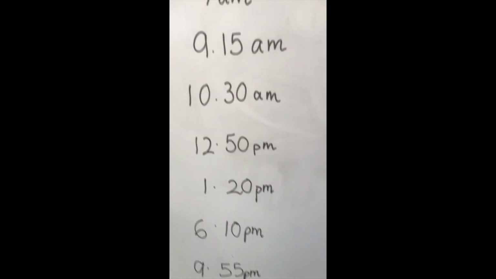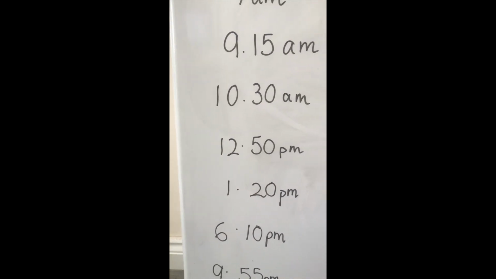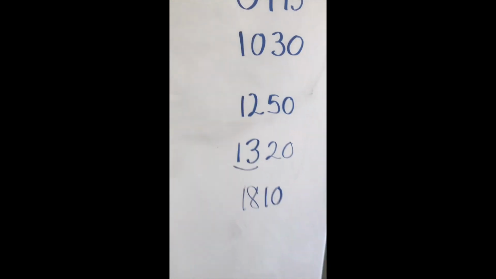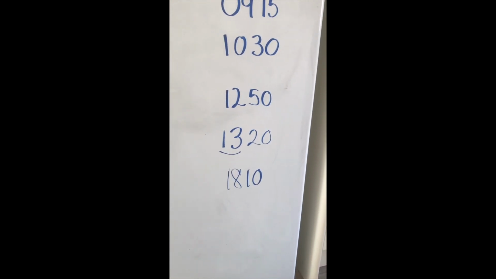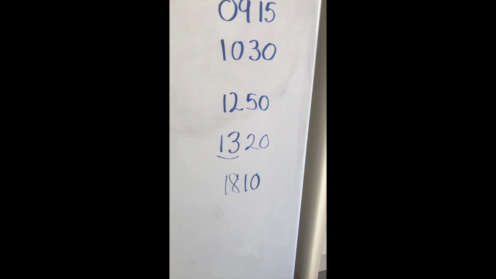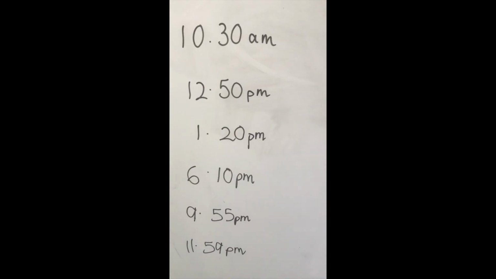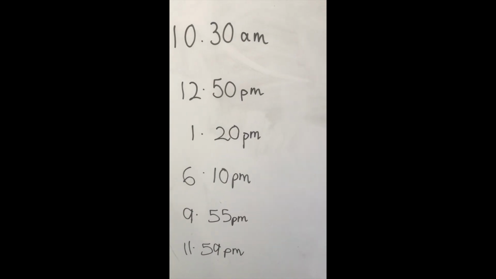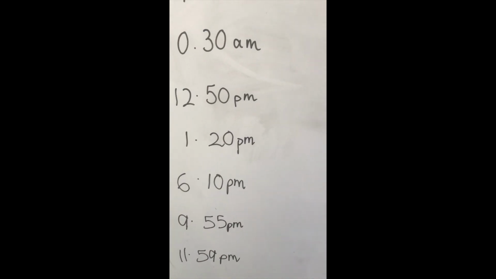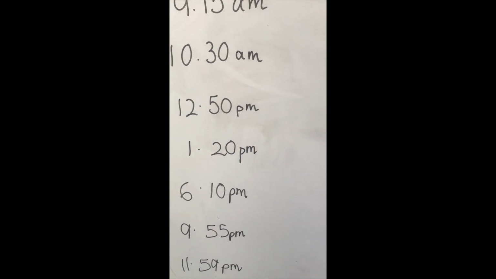6:10 p.m. 6 add 12 is 18, so the time is 18:10. 10 past 6 in the evening, 18:10. 9:55 p.m. 9 and 12 makes 21.